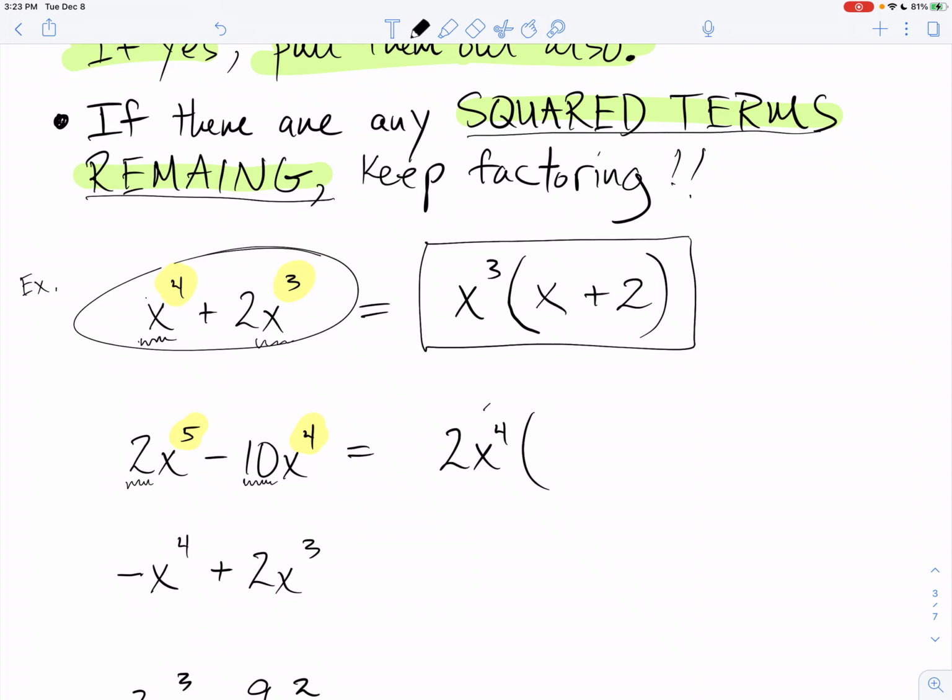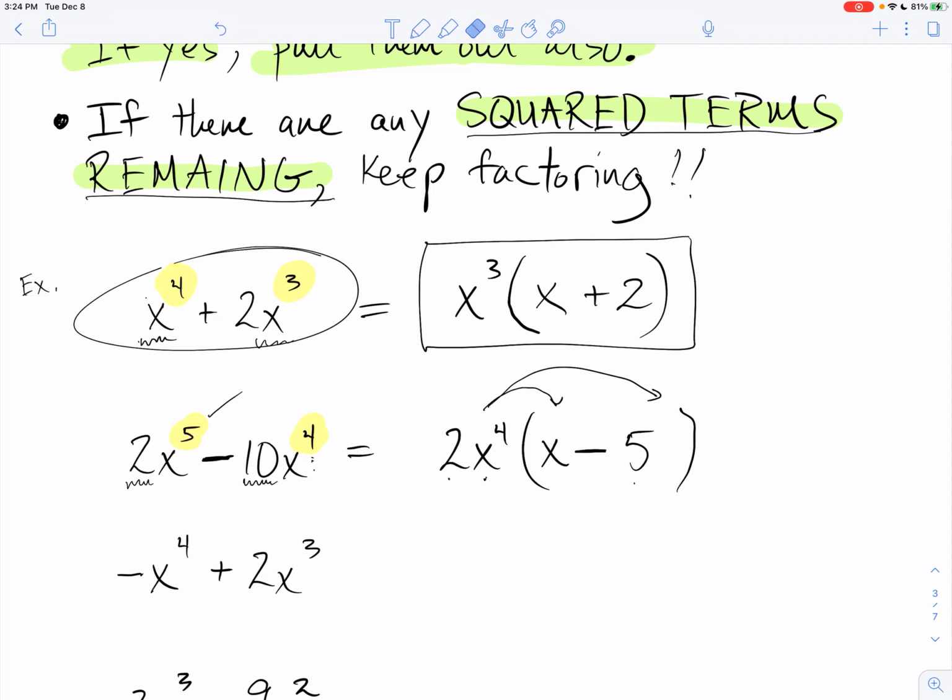Now, once again, I'm pretending that I'd have to multiply back to get what I started with. So 2x to the fourth times x would give me x to the fifth, minus 5, because I have a negative here. Why? Because 2 times 5 is going to give me back 10, and there's my x to the fourth that I had here.